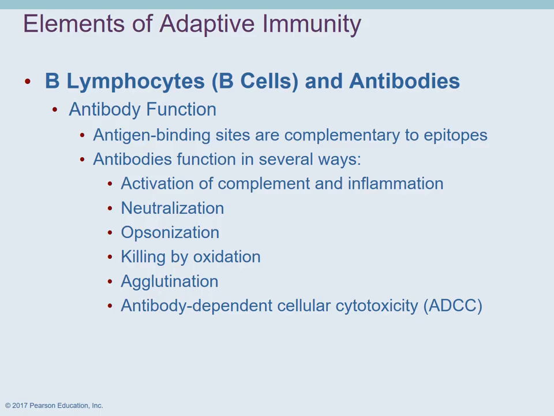Remember, complement was that process where certain proteins have to be activated in a certain order. Ultimately, when you see complement, as I mentioned last time, it's going to lead to the death of whatever that foreign pathogen is.